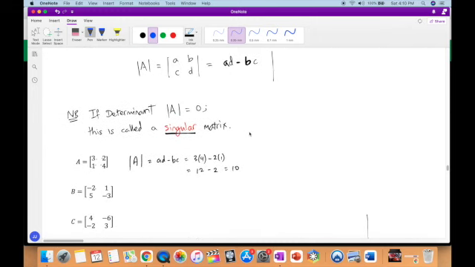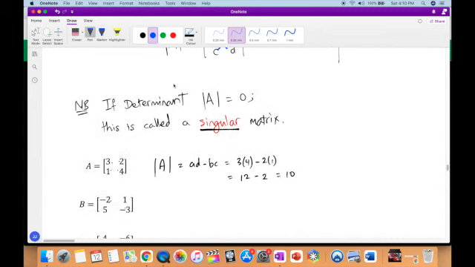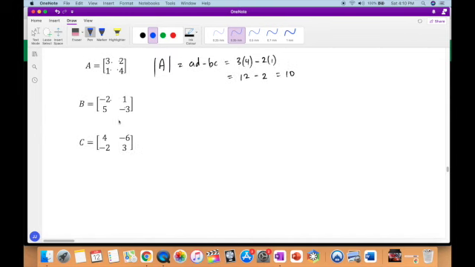So I believe you had to do these two for homework, did you? Yeah. All right. So let's just see. All you have to do is multiply this diagonal and minus it from the multiplication of that diagonal. And that's it. So let's see here.